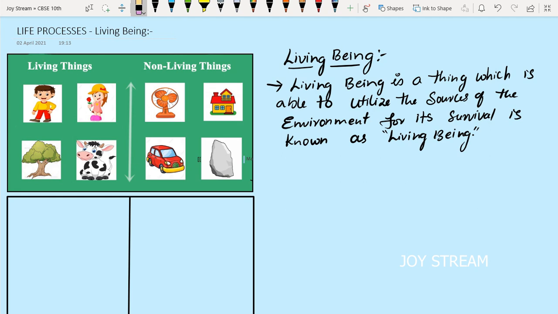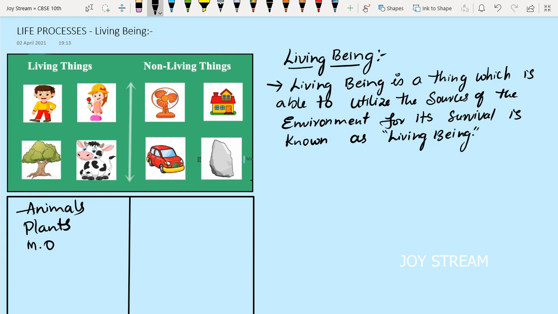So let us see some examples. Animals and plants are living things. Some microorganisms are also considered to be living things.